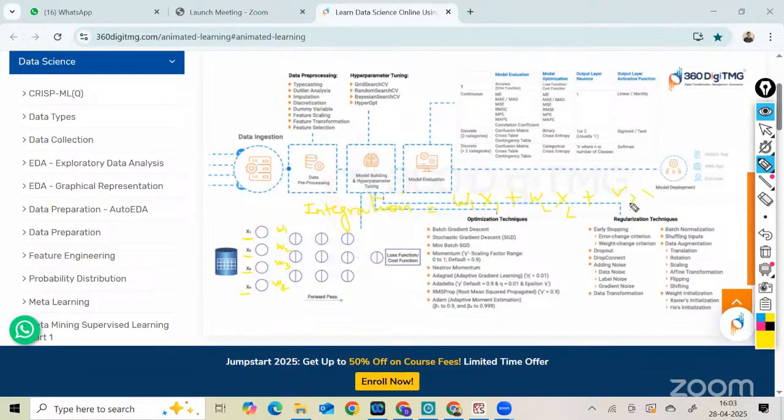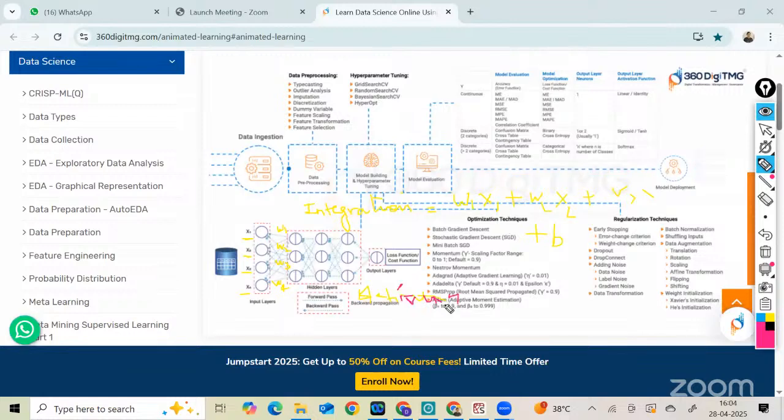Then there is the next term called activation. Within this activation, we introduce non-linearity in the network. Here we will have activation functions like the tangent activation function and the sigmoid activation function, which has a formula.